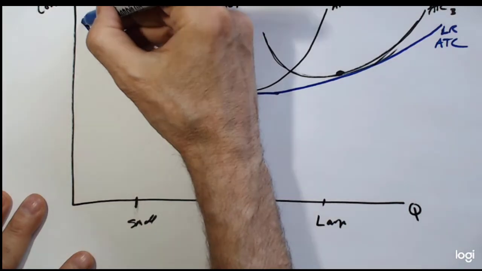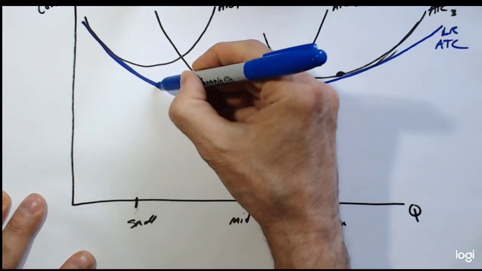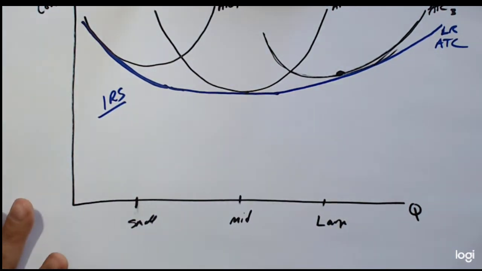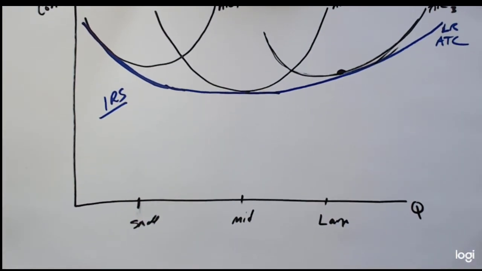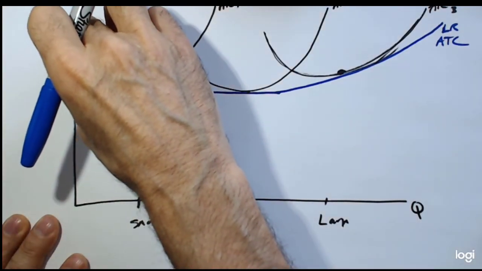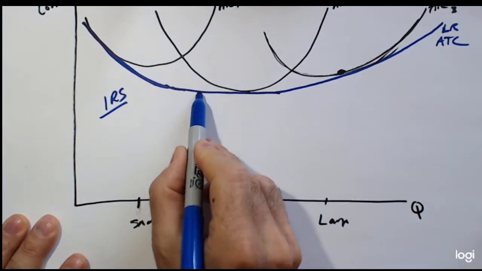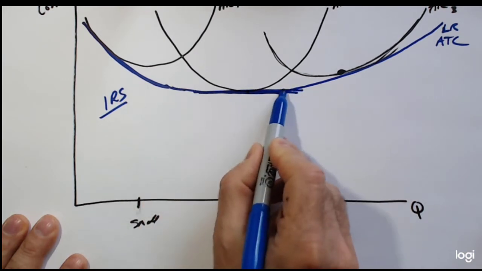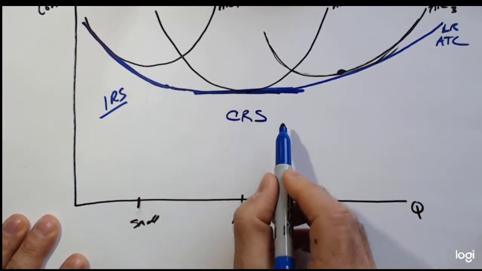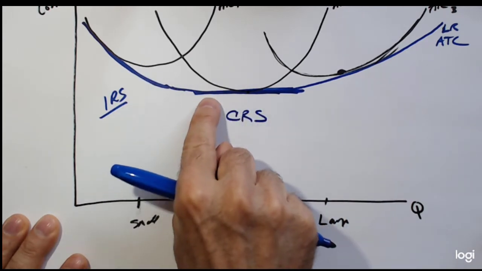And so what you'd have here is what's called increasing returns to scale, which comes about primarily from specialization, and you're going to get some spreading out of fixed costs. You're going to come to a relatively flat spot, as best I can draw here, and that's called constant returns to scale. Your costs are not changing.